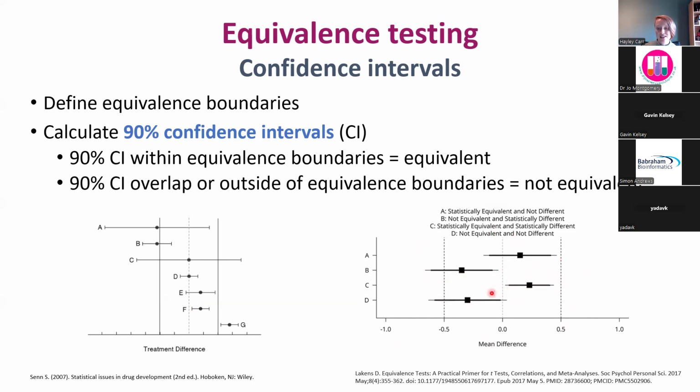So this is basically a sort of false positive statistically significant difference because it's not a big enough difference to actually be relevant biologically. And this is where we need to also remember to properly power our studies, because this study could potentially be sort of overpowered to detect. So it detects too small of a difference to be of relevance. And finally, we can have D, where it is neither equivalent nor different based on statistical tests.